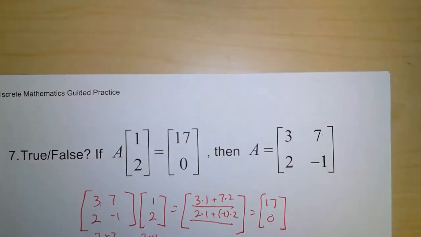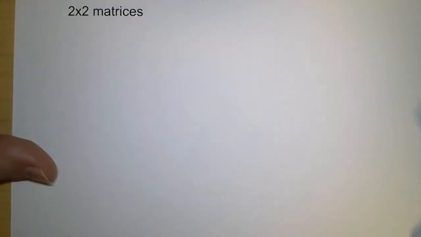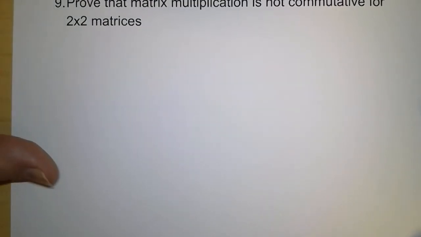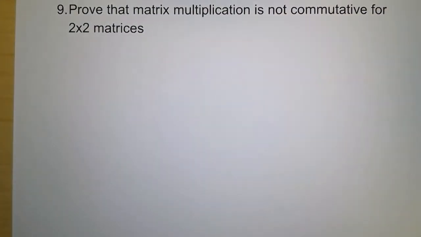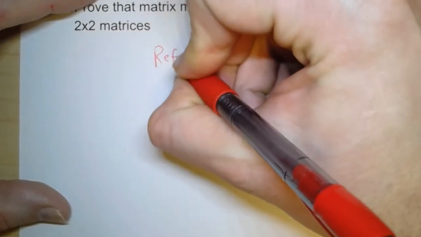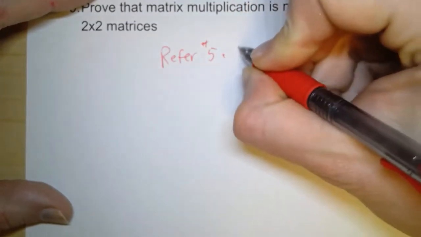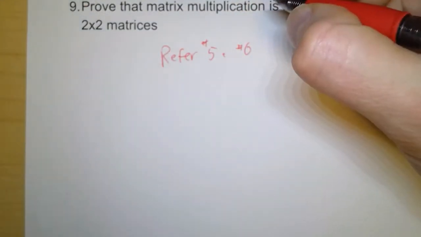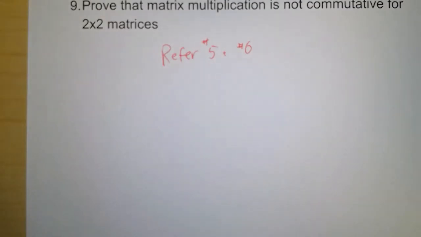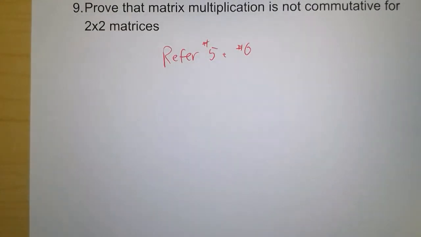And then finally, here we want to prove that matrix multiplication is not commutative. Well, really all we have to do is refer back to 5 and 6. We already did it. Because all we have to do is show one example where it's not commutative, and that breaks it down.